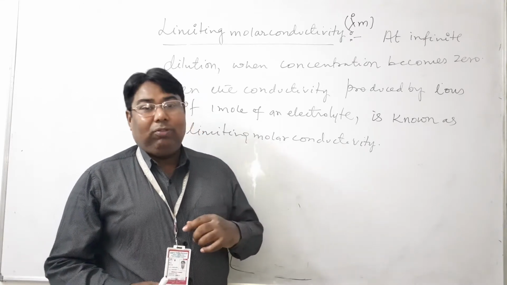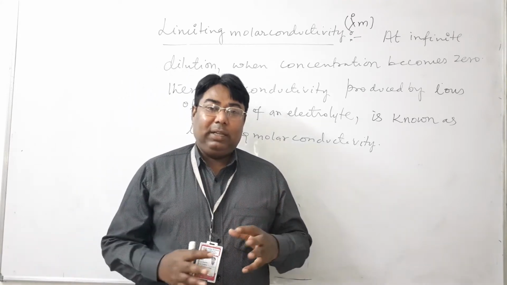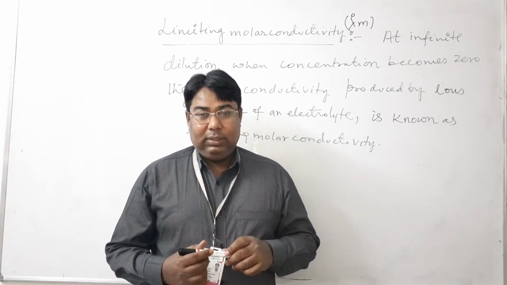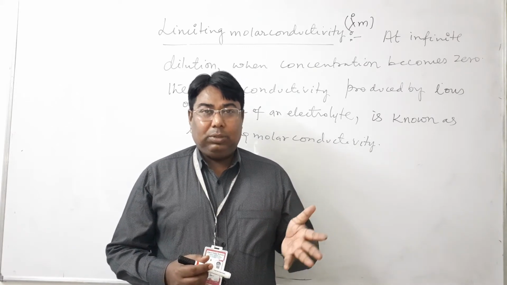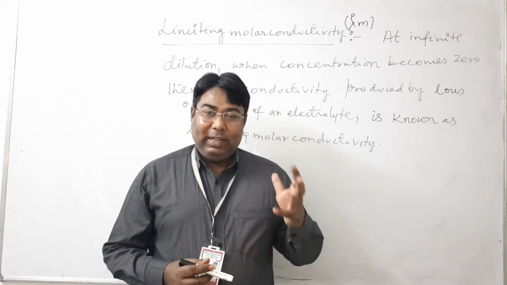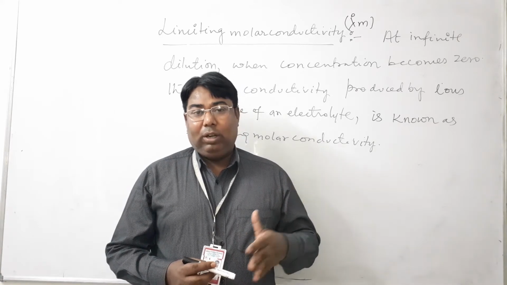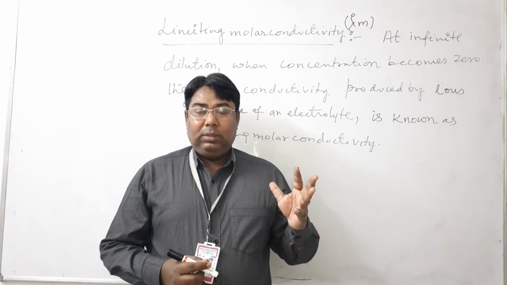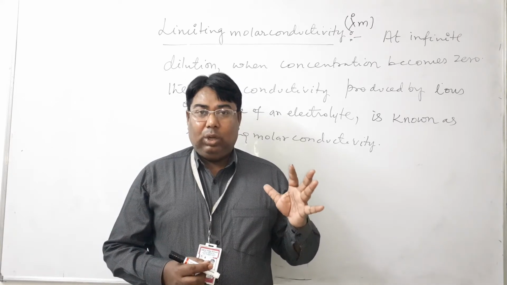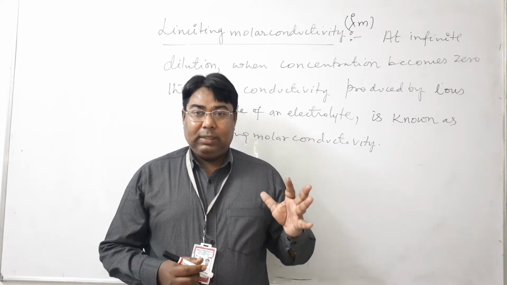And the concept of limiting molar conductivity was given by a scientist named Kohlrausch, and he proposed Kohlrausch's law of independent migration of ions to explain the concept of limiting molar conductivity. Now all of you get ready to study Kohlrausch's law of independent migration of ions.